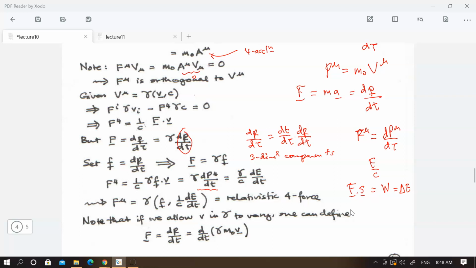If you put d dt of this, then you essentially have the rate of change of energy, and this is precisely what we have for the fourth component. So everything in the end makes sense. We now know that this fourth component is your rate of change of energy.